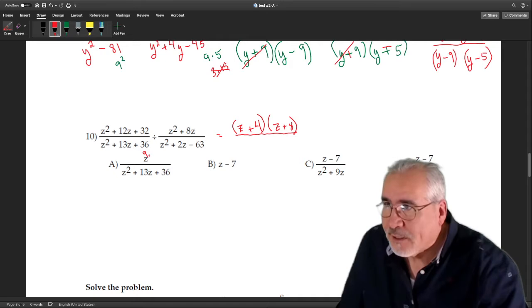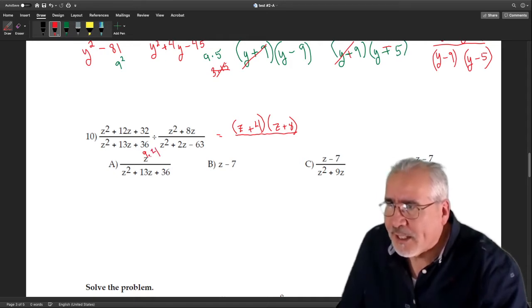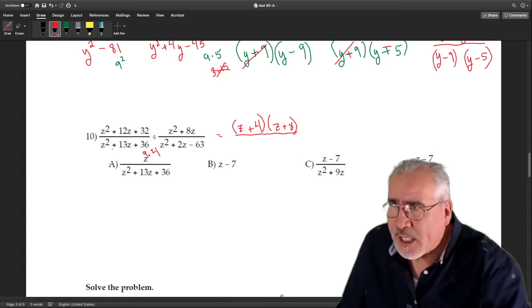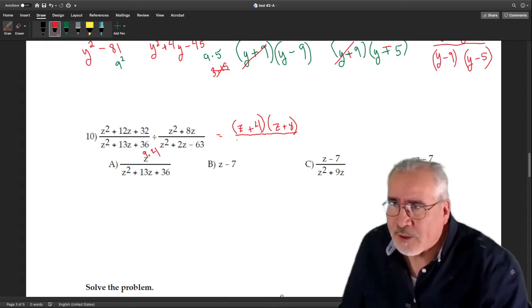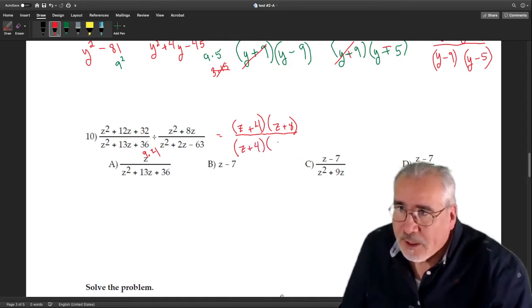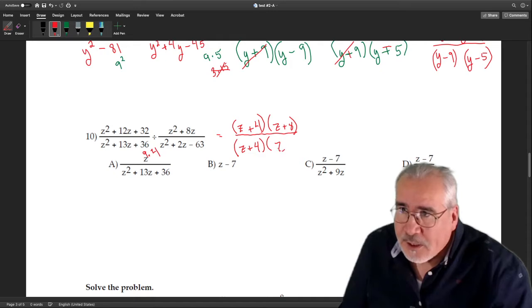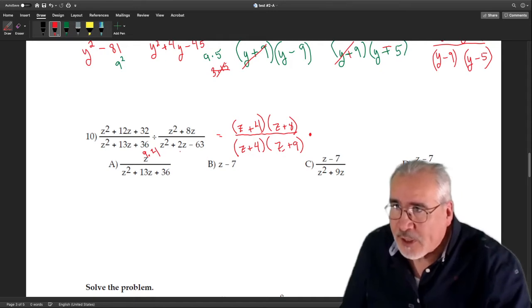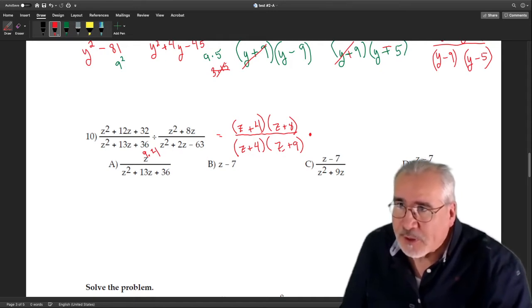And I didn't think 3, so that's 27. 9 times 4, and 9 plus 4 is 13. So those are the partners that are going to work. So z plus 4, z plus 9. Okay, we're going to turn this to multiplication, and then we're going to take the reciprocal.